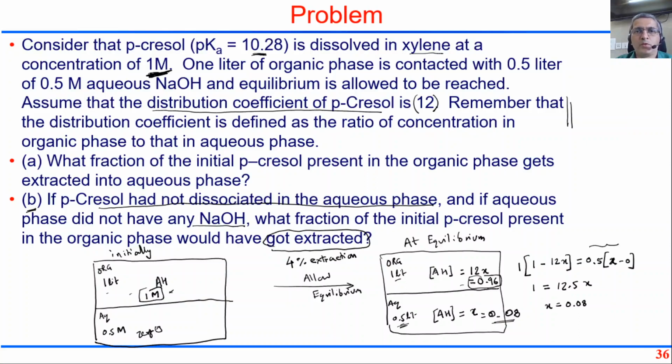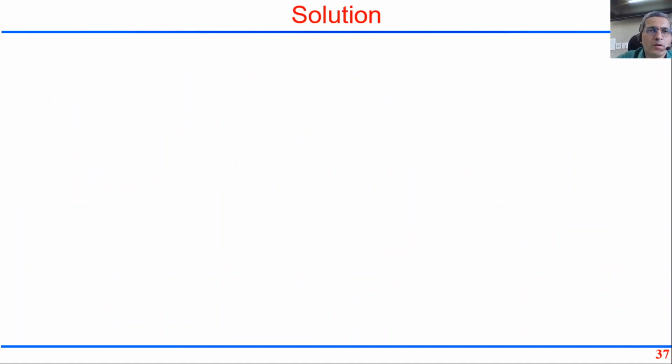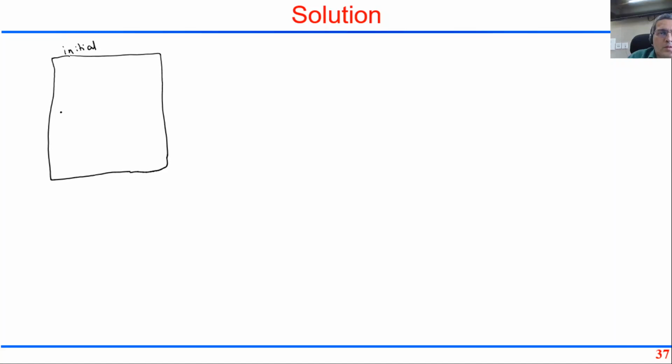Okay. Let's go to part A now. Again, let us draw what is there initially and what is there at equilibrium. Initially, I have organic phase 1 liter. I have AH, and the concentration of AH is 1 molar initially.